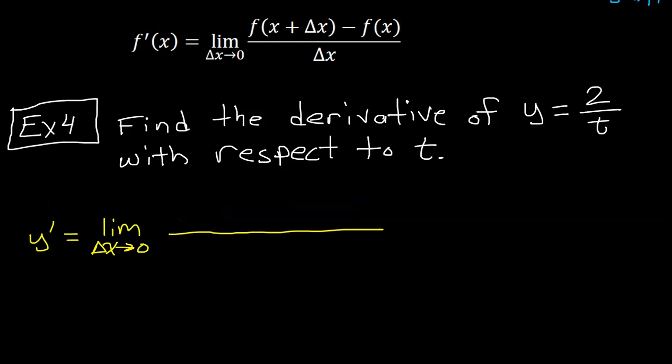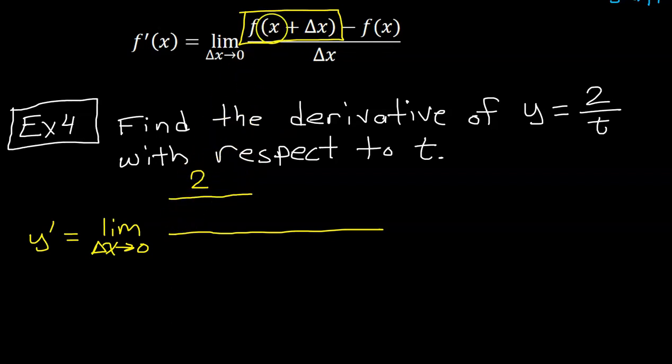I need room because there's a fraction here. F at x plus delta x. Here's the function, 2 over t. So I need to take the function 2 over t, but in place of t, I need to substitute x plus delta x.